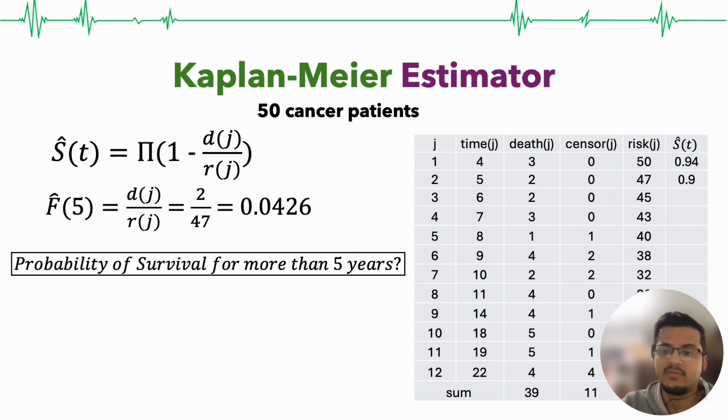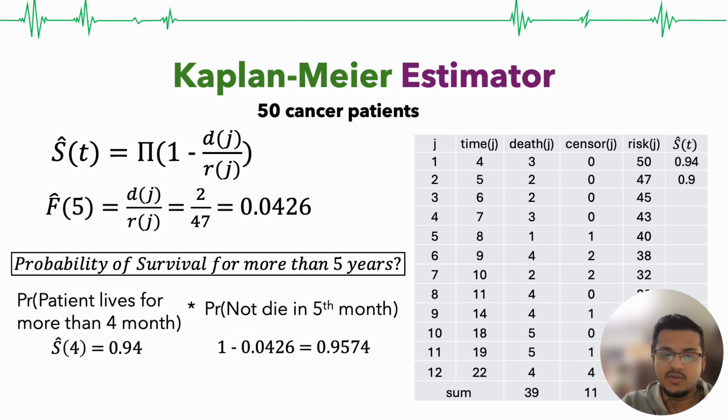To survive more than 5 months means that a patient has to first live for the first 4 months and then not die in the 5th month, which means that our S hat 5 will be the product of the probability of a patient surviving more than 4 months, which we have already calculated as 0.94 in the previous part, and the probability of not dying in the 5th month, which is 1 minus 0.0426, or 0.9574. Hence, the probability that a cancer patient survives more than 5 months is 0.9.